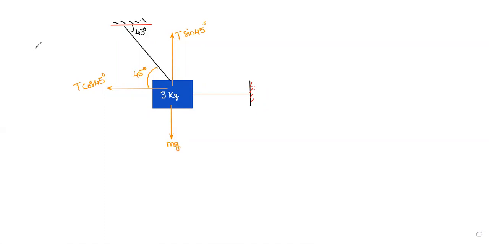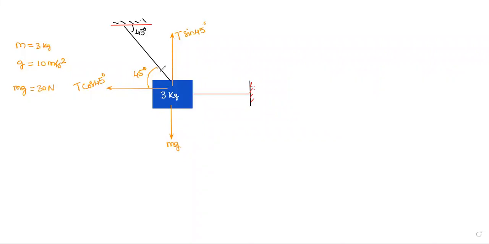Here m equals 3 kg and g is 10 meter per second square. So finally we got mg equal to 30 newtons by multiplying those two.